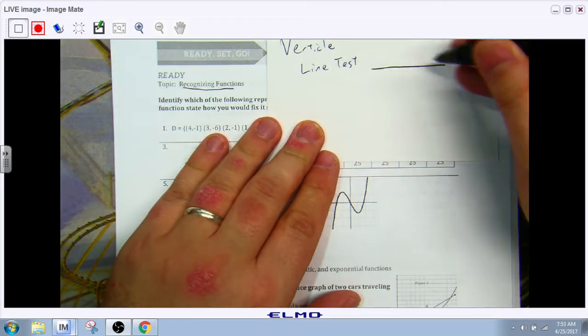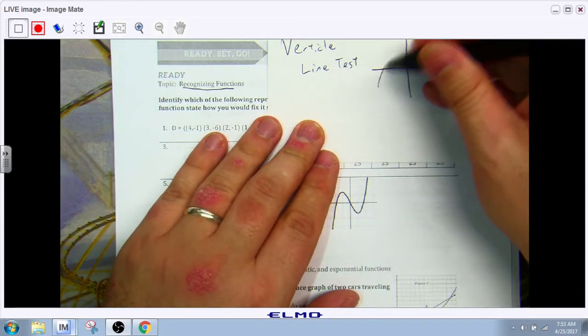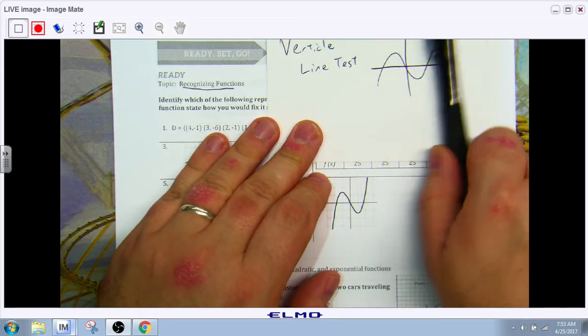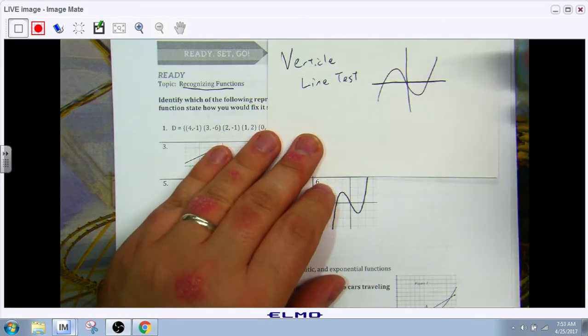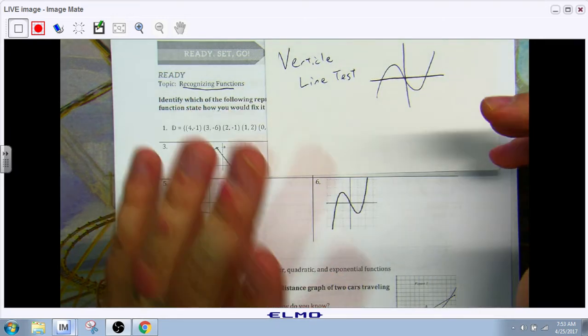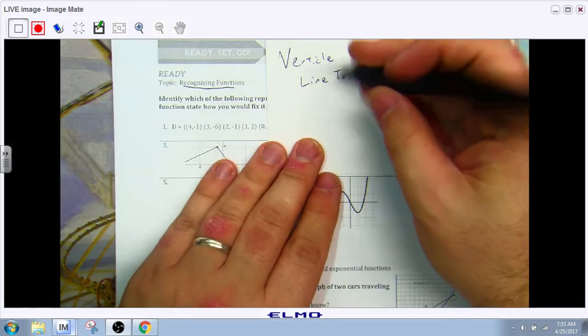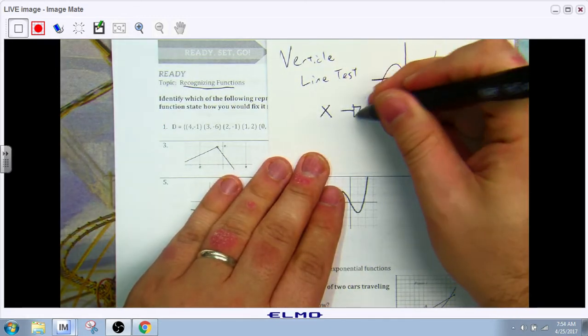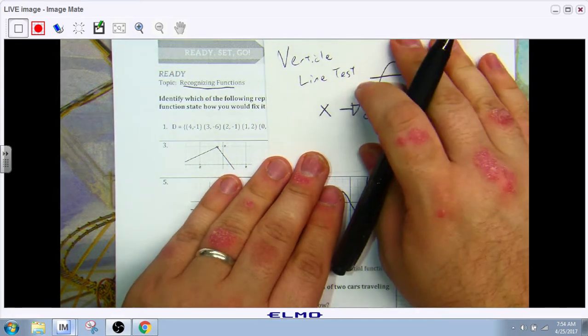The vertical line test pretty much means if we have some function and we draw a vertical line across it, if it doesn't cross it twice, then it counts as a function. Mathematically, that means every x value goes to one and only one y value.